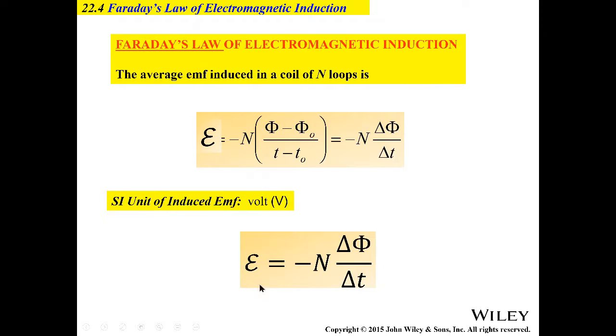So the actual Faraday's law is this. This becomes the fundamental law which you can use to figure out the EMF if you know the rate of change of your magnetic flux. It makes the calculation much faster.